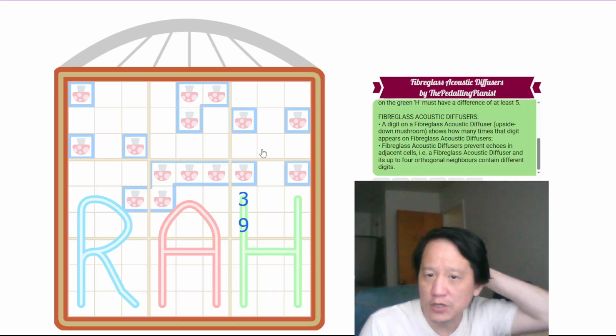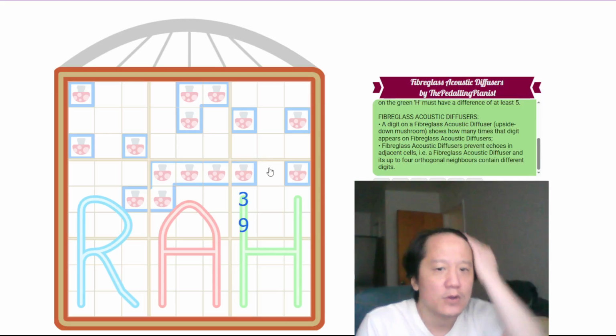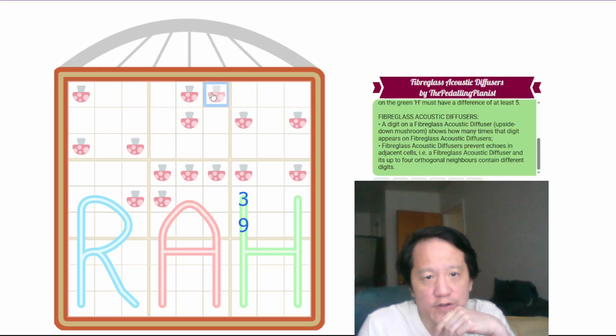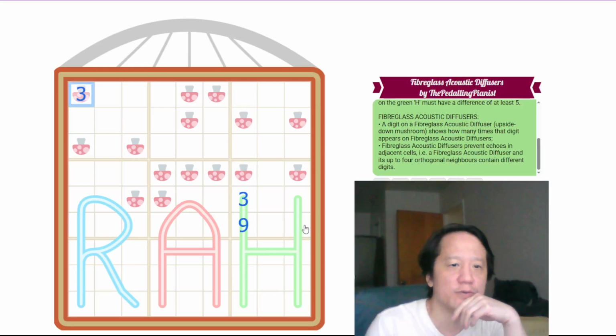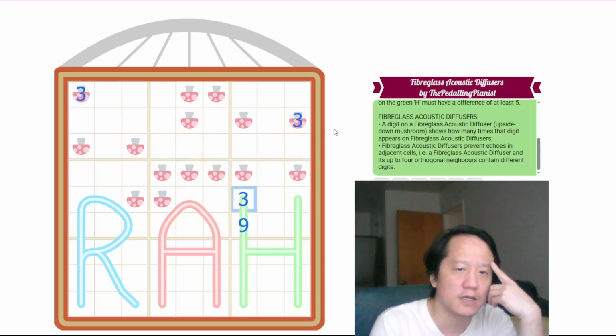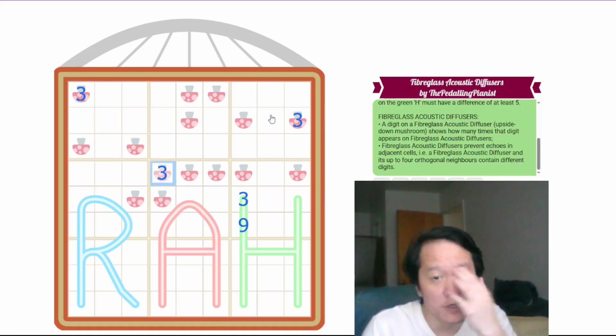Oh, interesting. Okay, so that means if we had, say, a 3 here, there would have to be 3 3s in these Fibreglass Acoustic Diffusers, because that's how many times a digit appears in it.